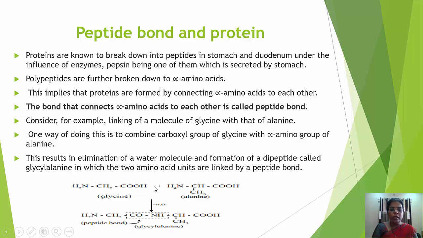Here only removal of water from this COOH group and NH2 group takes place, and this CO group gets attached to this NH group to form peptide bond or peptide linkage, and here formation of dipeptide takes place. Name of this dipeptide is glycylalanine, that is NH2CH2CONHCH3COOH.